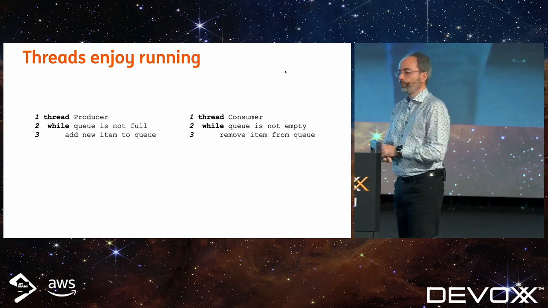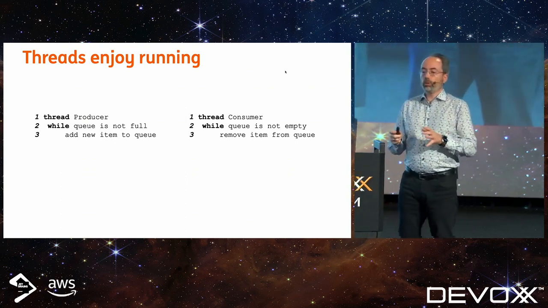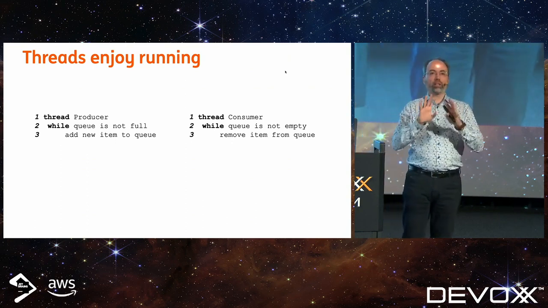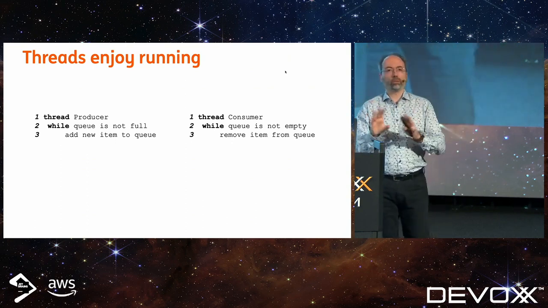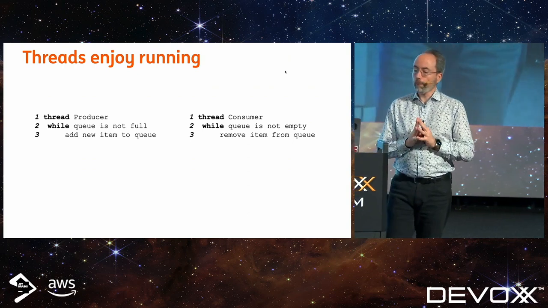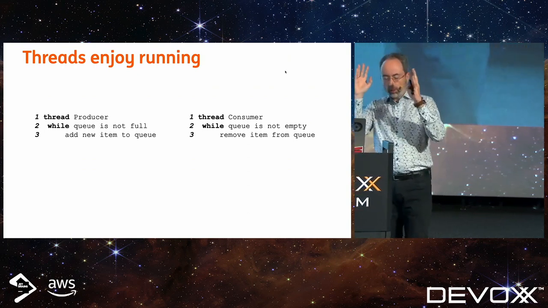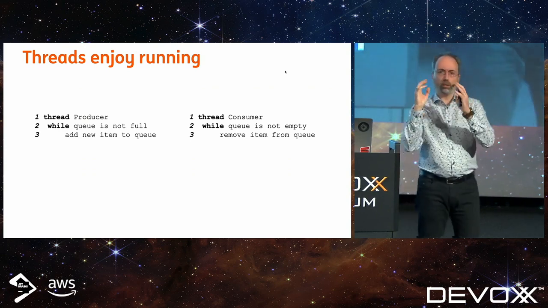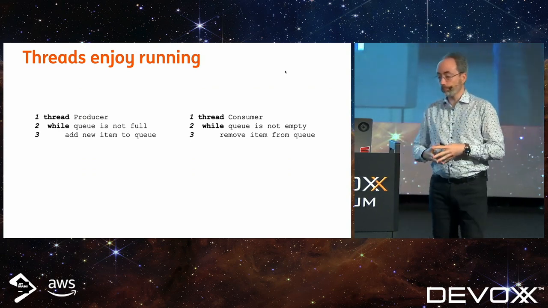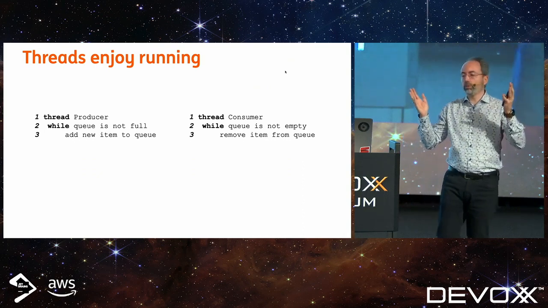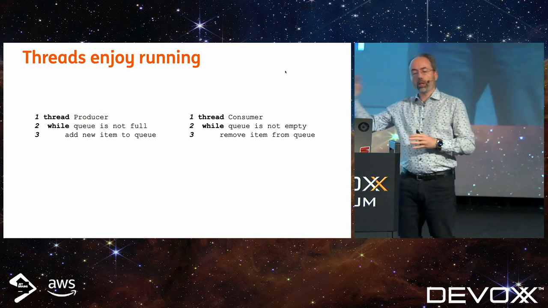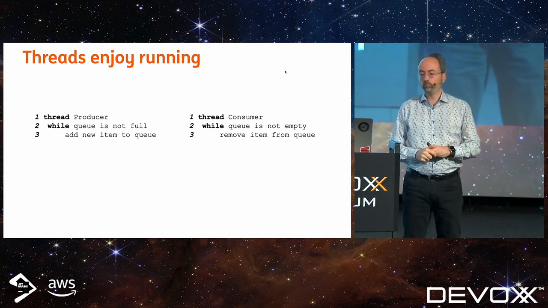Now, if we look at some pseudocode, and we go back to that concept that threads just like to run. Let's imagine that we have the typical example of a producer thread and a consumer thread. Simple stuff. The producer places items on a queue, the consumer removes items from that queue.